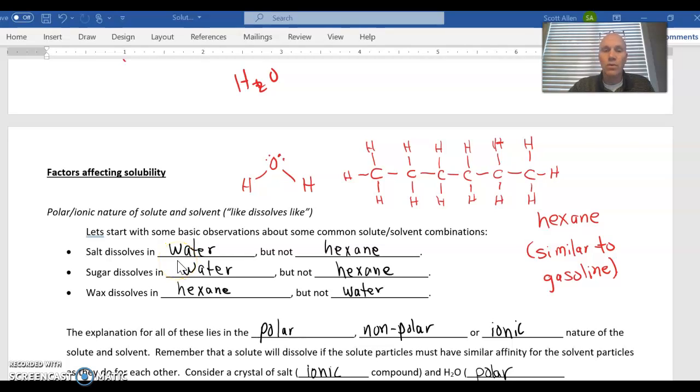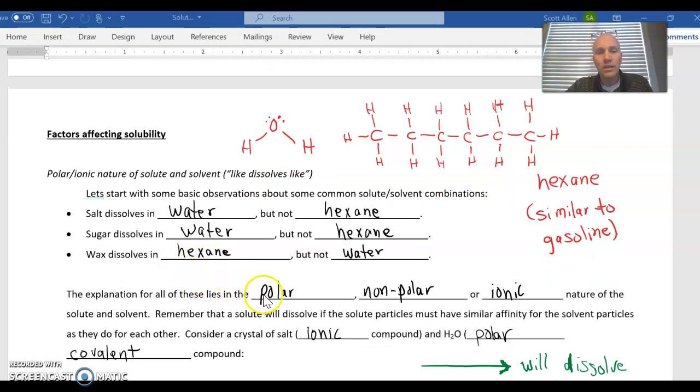The explanation for this lies in whether or not a compound is polar, non-polar, or ionic. And so the concept is that things tend to dissolve in things that are somewhat like themselves.